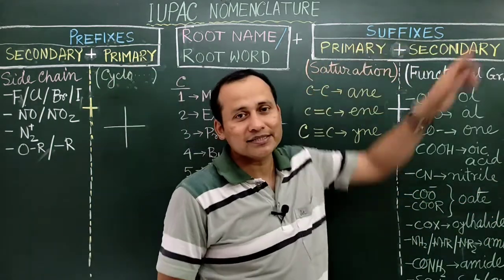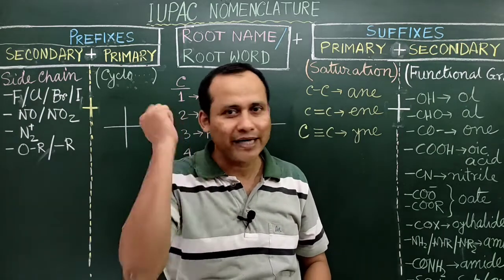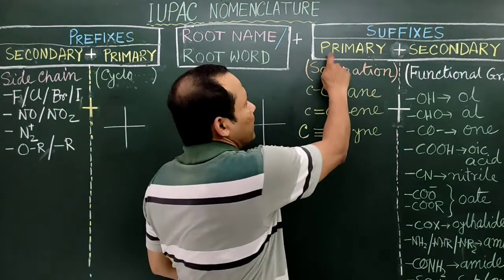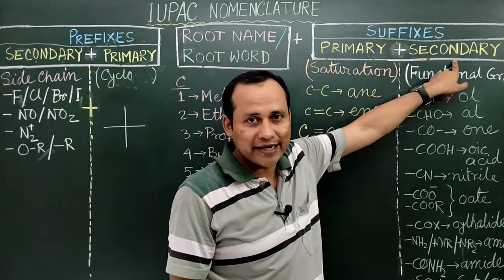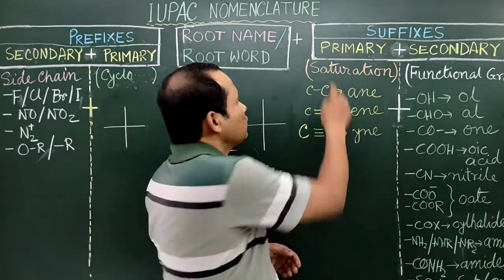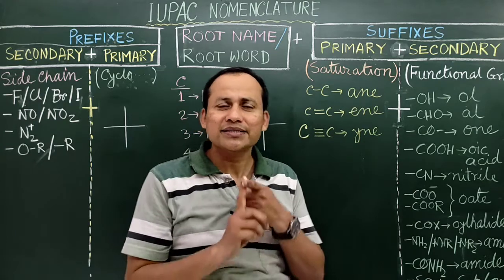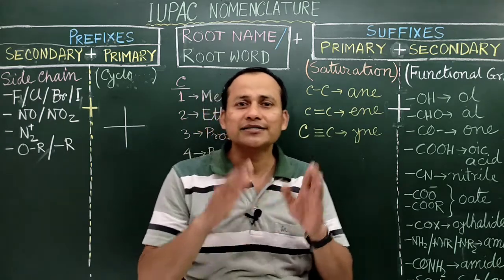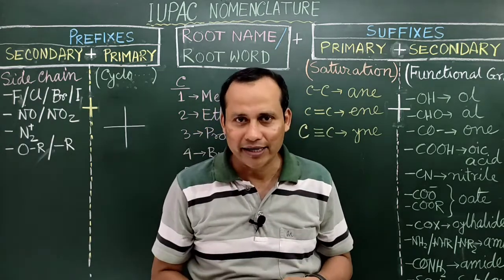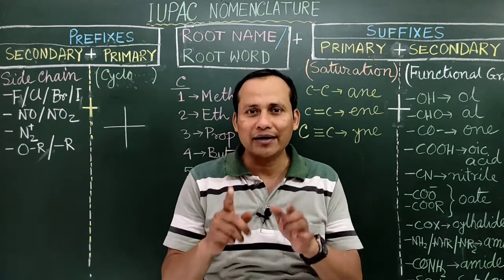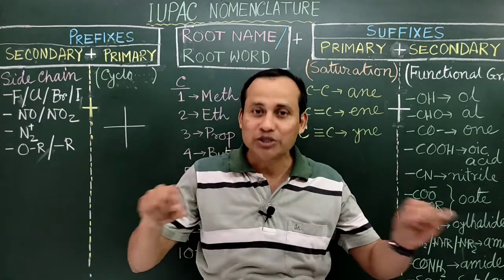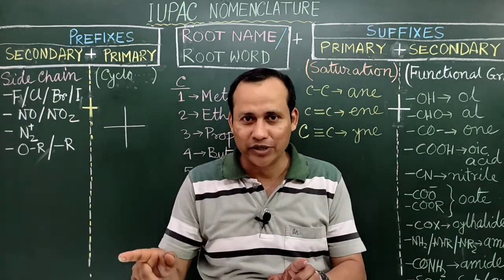And these suffixes may be of two types again. One is primary, another is secondary. Now the question arises, what does primary suffix mean? Primary suffix simply indicates the saturation level of any organic compound, that is, whether the compound is saturated or unsaturated.